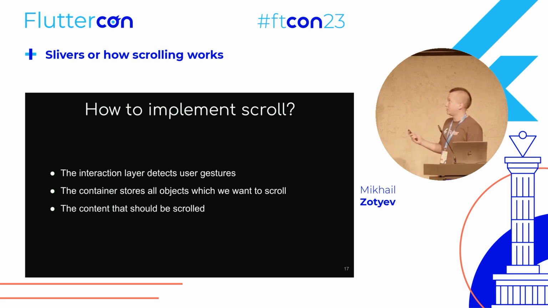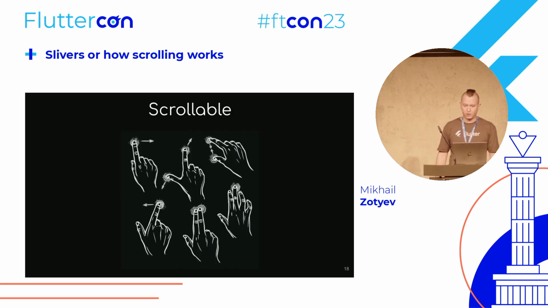Spoiler alert, Flutter goes exactly this way, and for every one of these responsibilities, it has a special object responsible for it. And first of all, Scrollable, it's the first responsibility. If we check the documentation of this widget, we will find something like: it's a widget which can scroll.